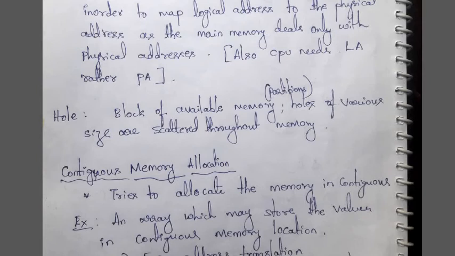That was the space where P2 was allotted. When that free space is created between the memory blocks, it is represented as a hole in the memory. So a hole is nothing but a block of available memory, or the available partition in between the processes.